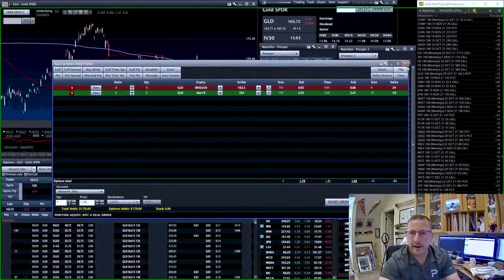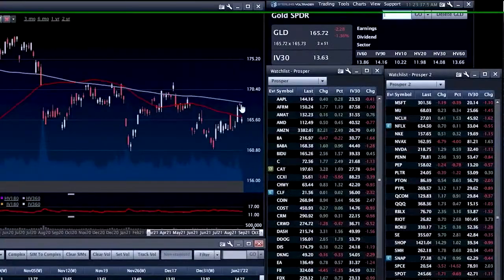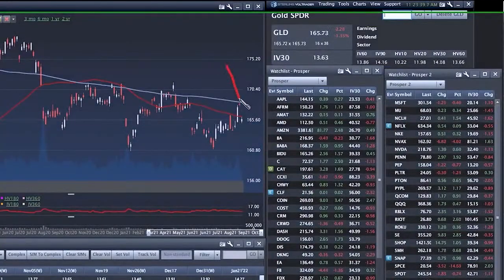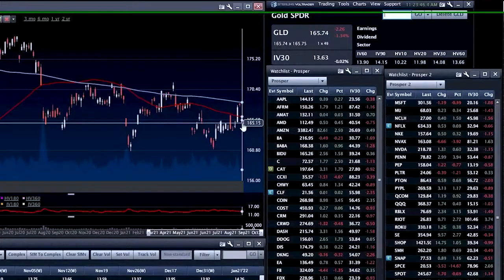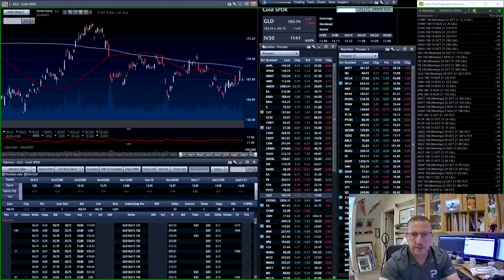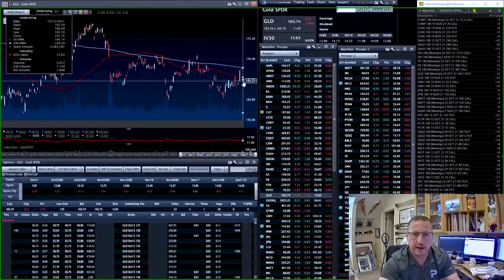You can see right off the bat, look at this move right from this massive resistance around 168. In a matter of a day, you can see what GLD is doing right now. It's down 1.5%, down $2.26.